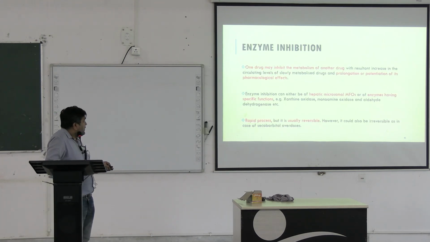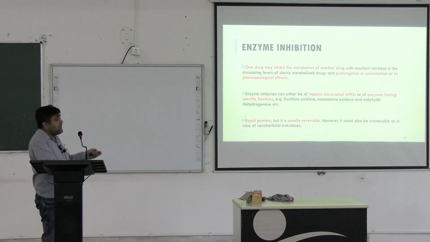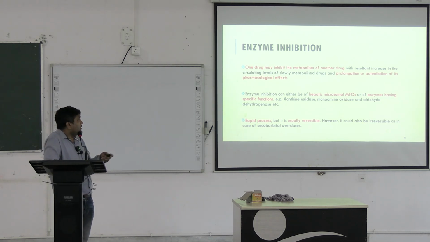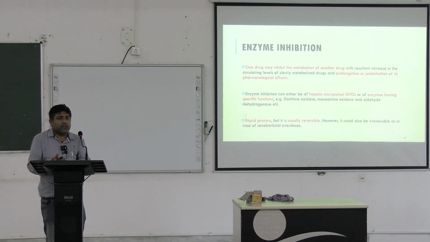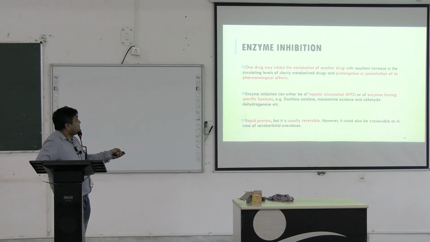Coming to the next point, enzyme inhibition. Now, one drug may inhibit the metabolism of another drug with resultant increase in the circulating level of the slowly metabolized drug. If the metabolism of a drug is inhibited, its level will increase, and that causes prolongation or potentiation of the pharmacological effect.